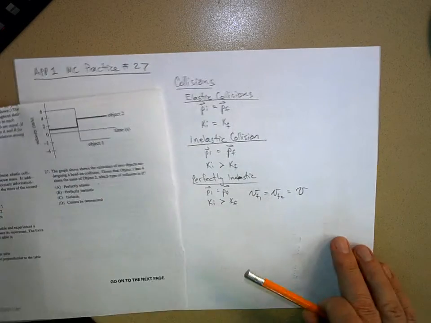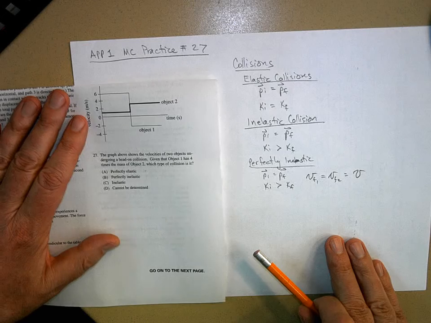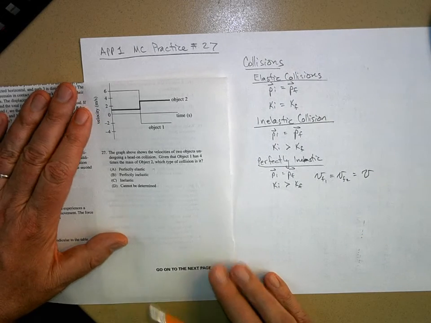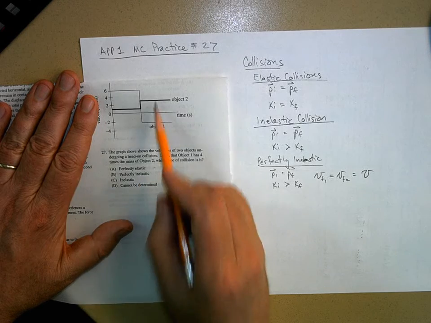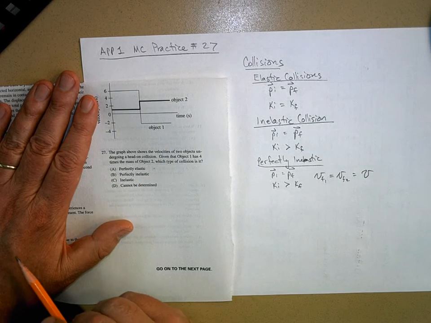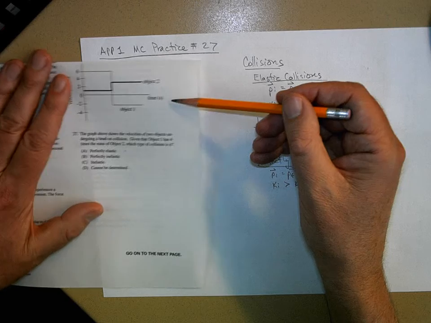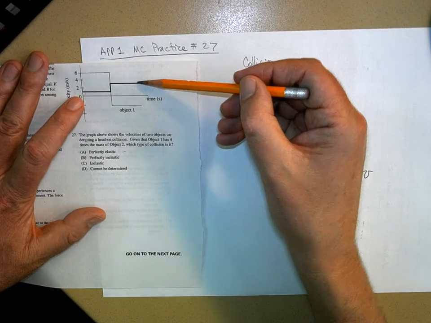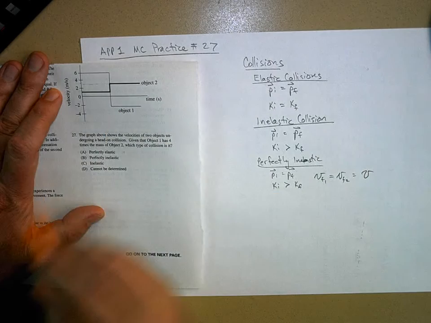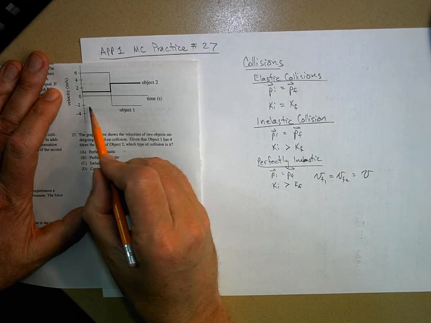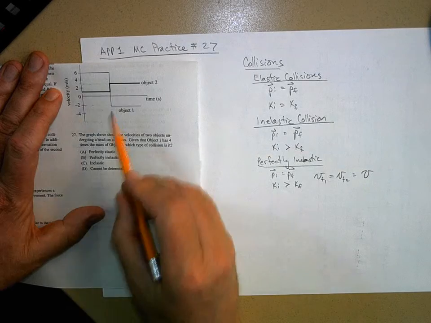But in this problem, you can see that the objects have not stuck together, because object 2 has a final velocity of, looks like, 3 meters per second, and object 1 is now moving at -2.